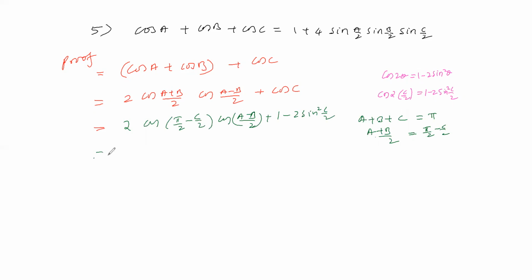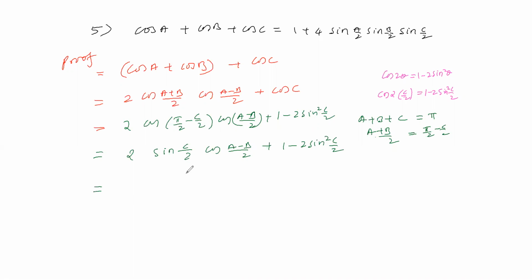Now listen here. Cos(90 minus theta) is sin theta. So we get 2 sin(C/2) cos((A-B)/2) plus 1 minus 2 sin square(C/2).